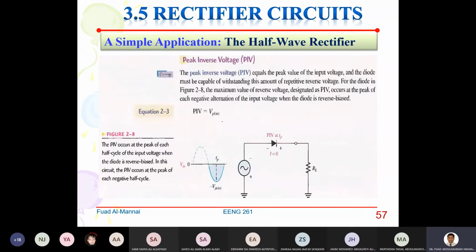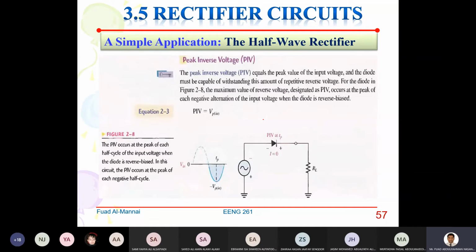Now, where do you find this PIV? You find it on the data sheet when you want to go and buy a commercial diode to design your rectifier. Before you do that, you go and look at the manufacturer specification sheet, better known as a spec sheet or data sheet.